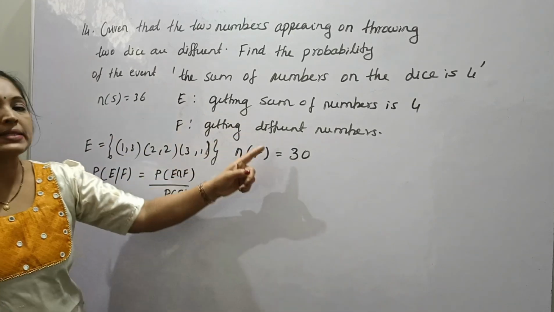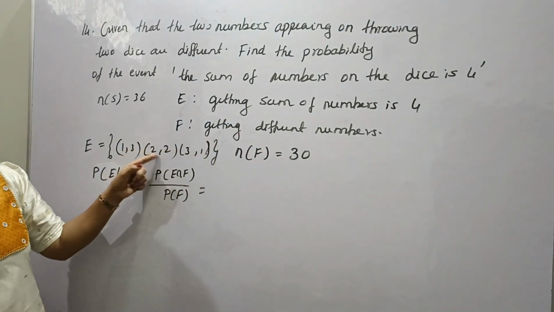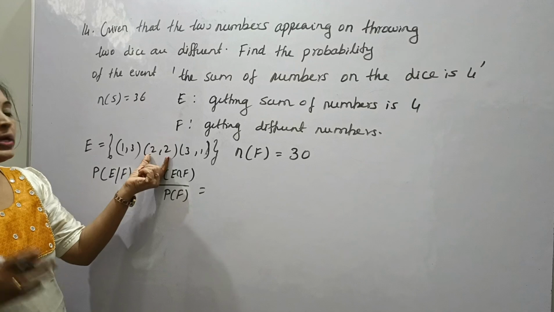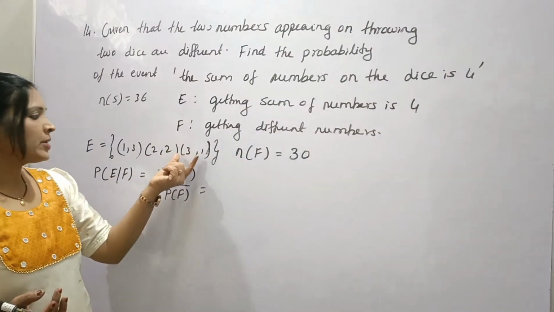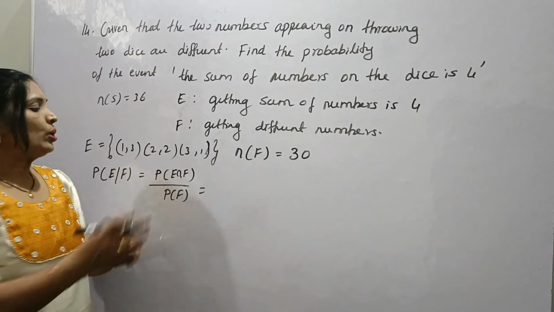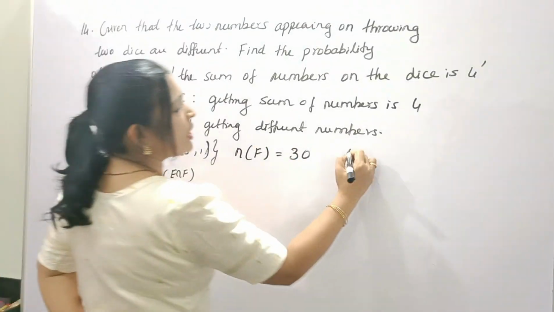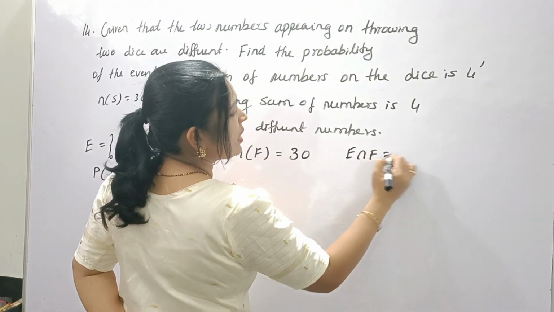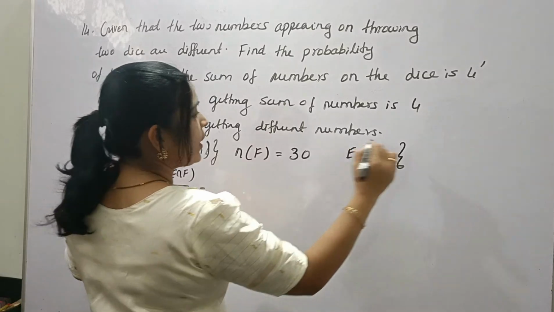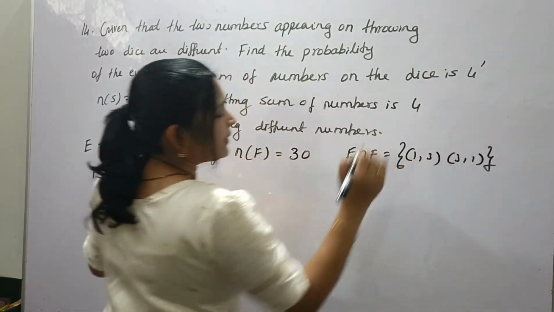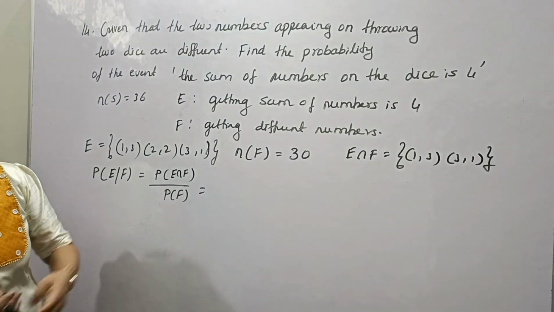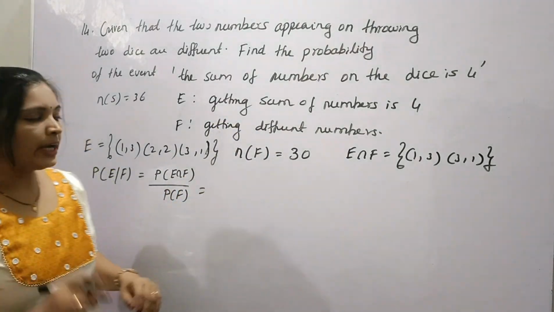So (1,3) is in the set F. And (2,2) is not possible because (2,2) is not in the event F. And (3,1) is there. So, E intersection F is equal to only 2 elements, that is (1,3) and (3,1). Therefore, the number of elements of E intersection F is 2.